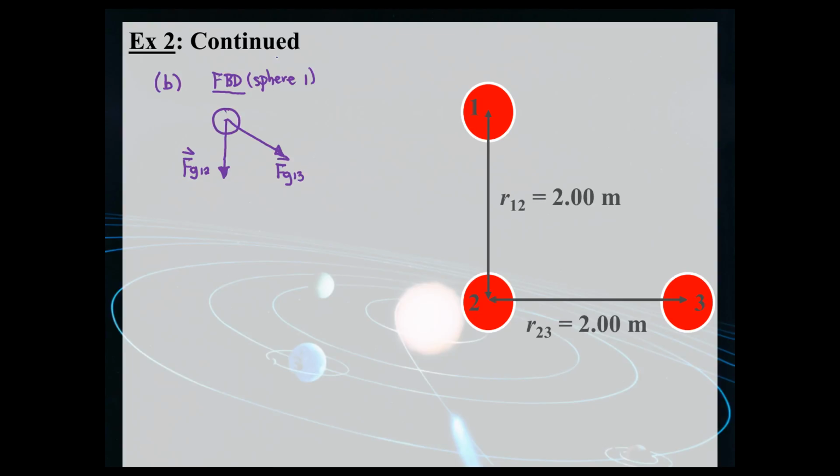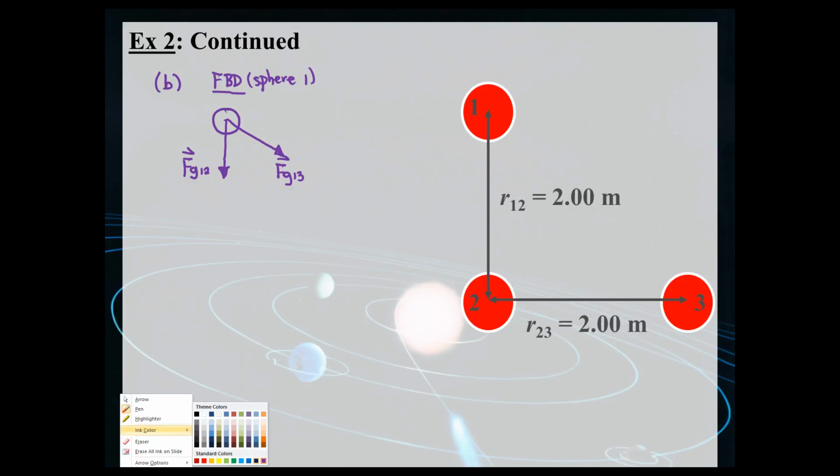FG 1, 3. Okay, now the reason this one's a bit more tedious than the other one is because the one force FG 1, 3 is not in a horizontal or vertical plane. It's at an angle, and if it's at an angle, we want to break it into the vector components. So I'll break it into the components.